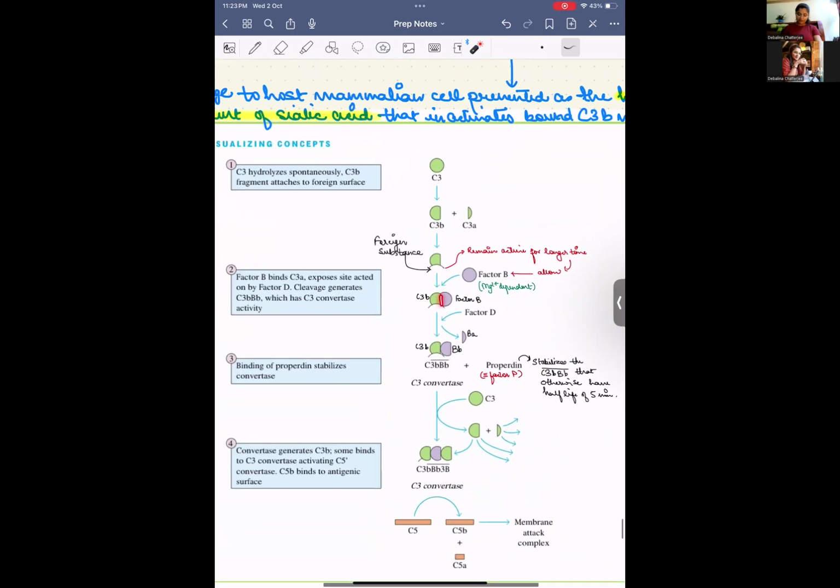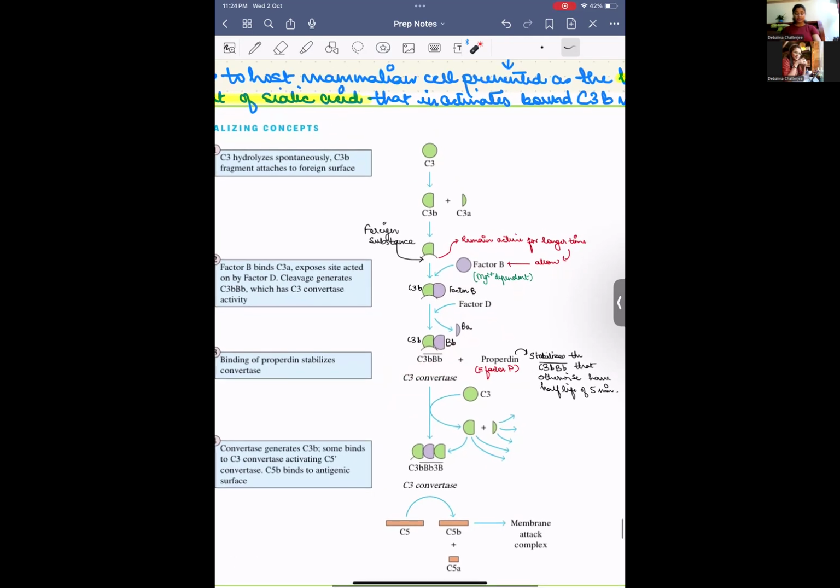Now, as factor B joins, in the presence of factor D, the cleavage of factor B happens, and what remains with the C3b and foreign substance is C3bBb. Ba leaves the complex. Now, this forms the C3 convertase. C3 is now getting converted, and this complex is stabilized by another factor called factor P or properdin.